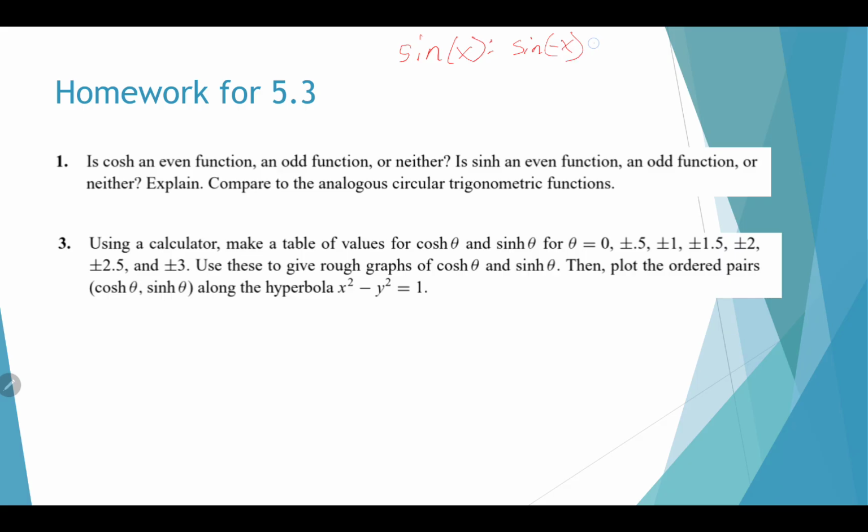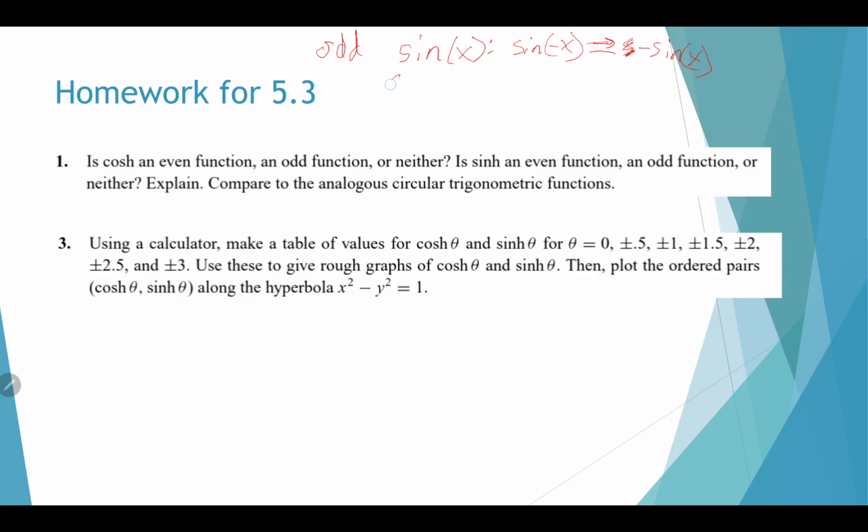This is equal to negative sine of x. So that makes this odd, right? If the negative input gives us the negative of the whole function, that's odd.